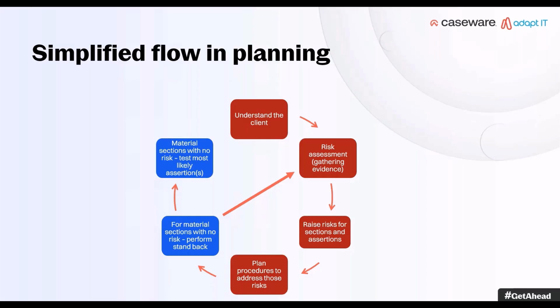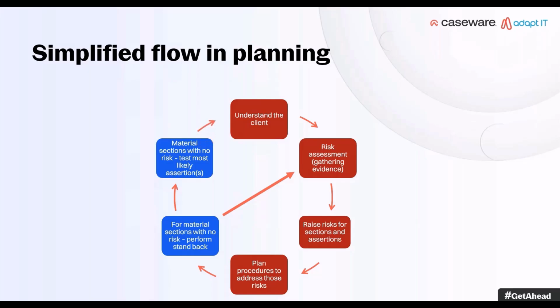So the standards say all material balances must have some substantive work performed. So we'll go and select the assertion that is most likely to have a material misstatement. We have said there's no risk of material misstatement, but which one is then the most likely one? And that will then be the assertion for which we will go and plan responses, go and do work.